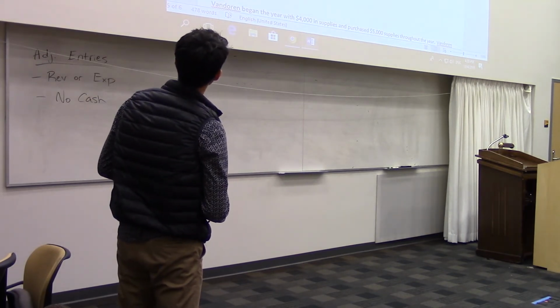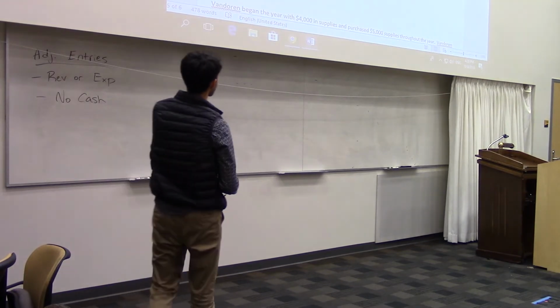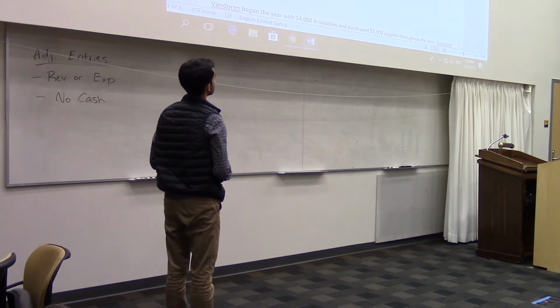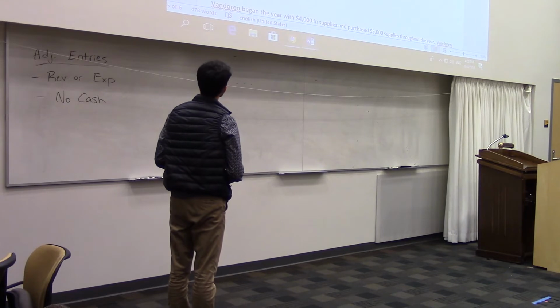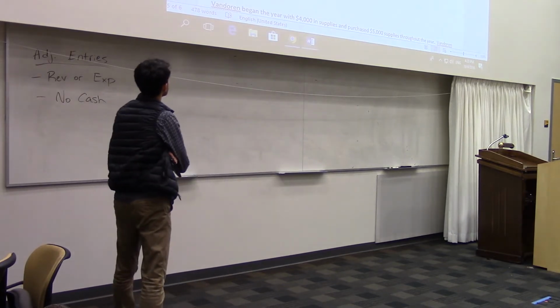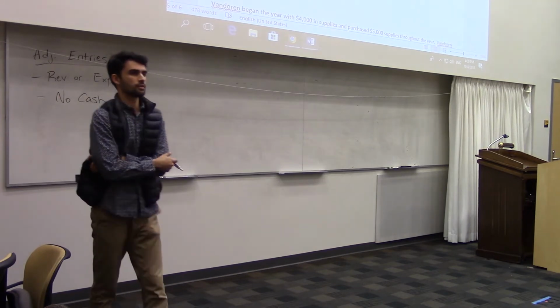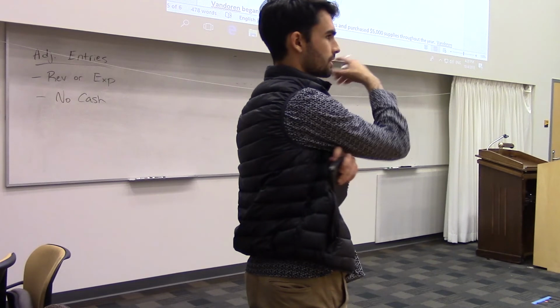On July 1st, Van Dorn took a $50,000 loan from the bank, 5% interest. What's the 12/31 adjusting entry? When going over adjusting entries, did they go over the original entry and then the adjusting entry?